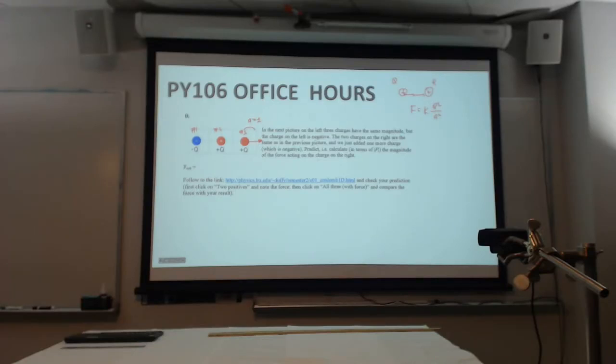It absolutely shouldn't affect the final result. Right. So this is force acting on 3 from 2. And the magnitude is supposed to be equal to K Q squared over A squared, or you can write this if A is set to 1.